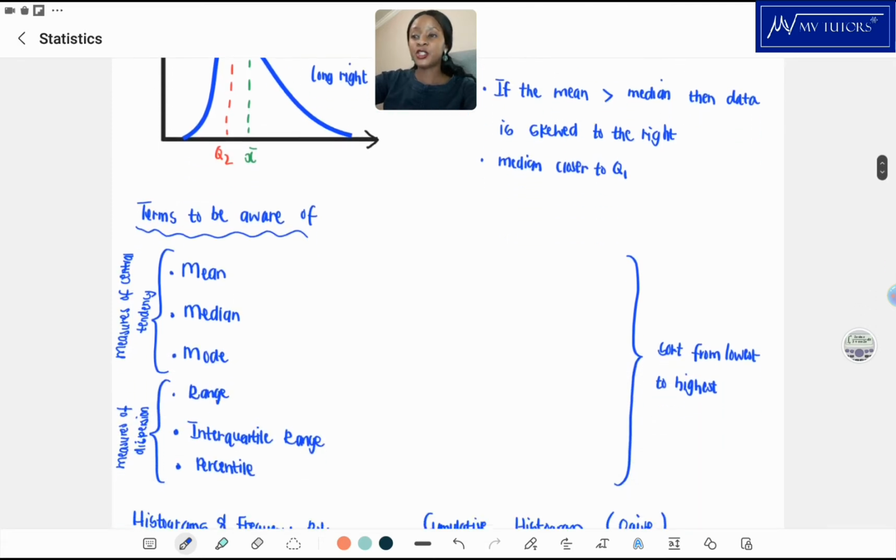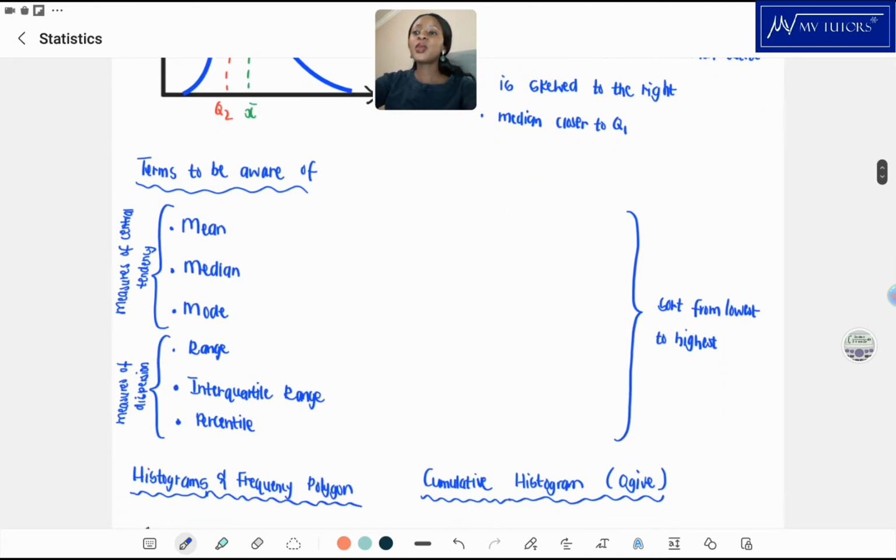Now, terms that you need to be aware of. So we have your mean, median, and mode. Those are measures of central tendency. This was covered in grade 10. Your mean, like I said, is like your average, and we indicate it with the x bar. So if you have 5 data values, you would write them down, 1, 2, 3, 4, 5, and then you would divide by the number of your data values.